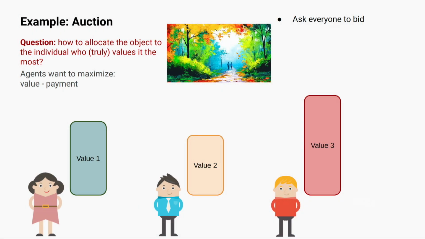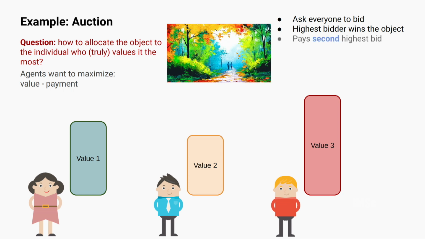So, I am telling everyone beforehand that you can put your bids in your envelopes and give it to me. The rule is that when I open the envelopes, whoever has the highest bid, I am going to declare that person as the winner. If there is a tie, I break the tie arbitrarily in favor of one.